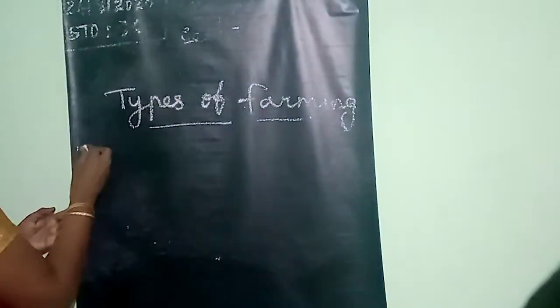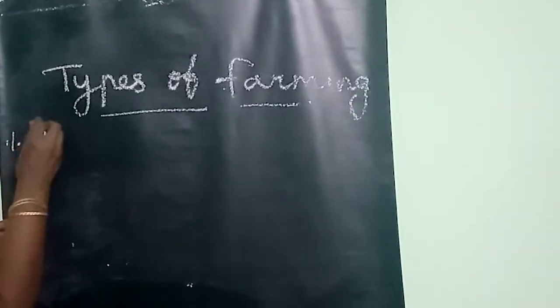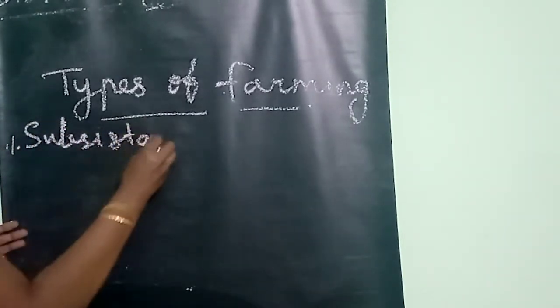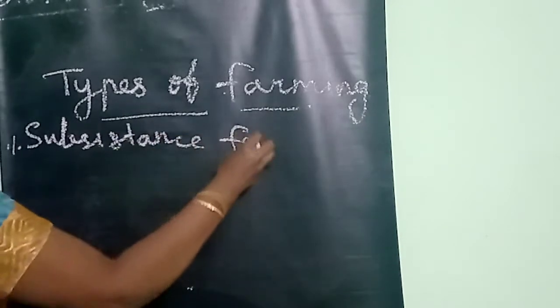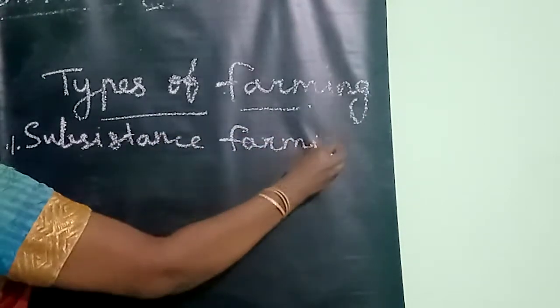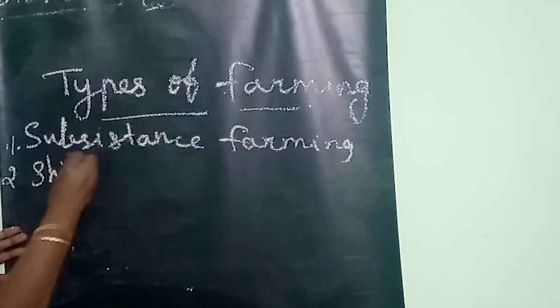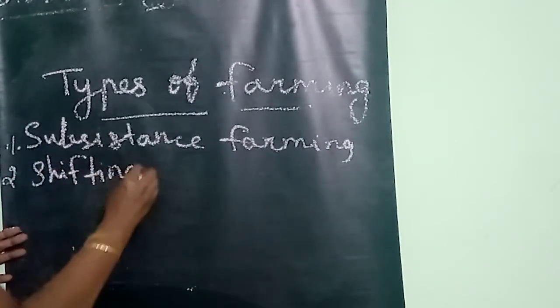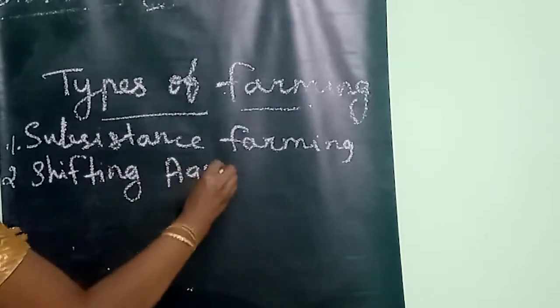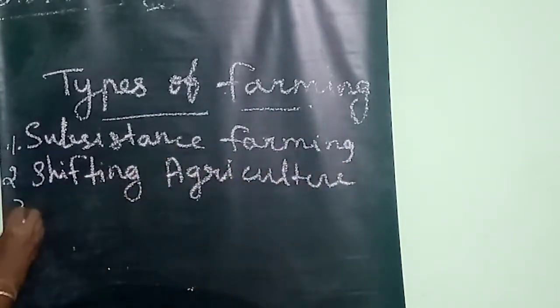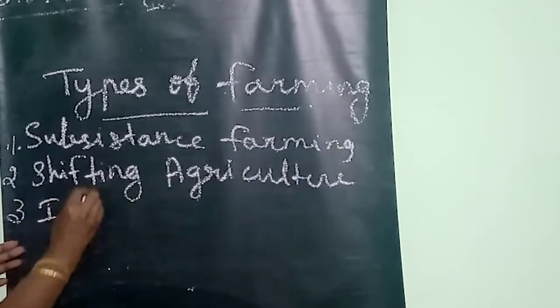The first one is subsistence farming. The second one is shifting agriculture. The third one is intensive farming.